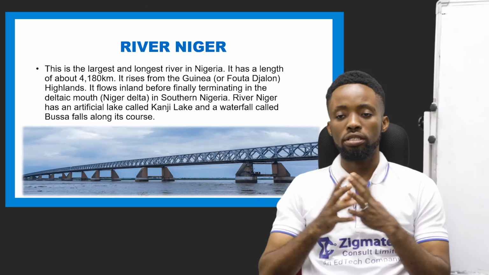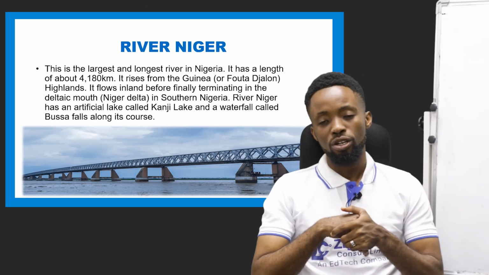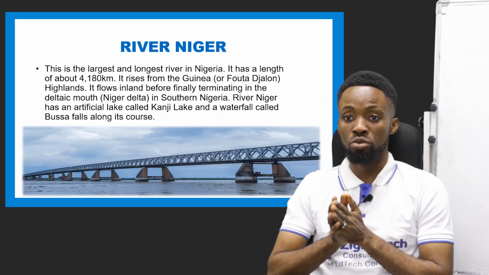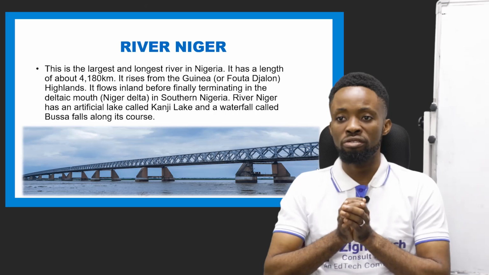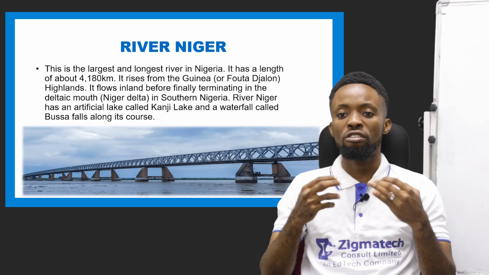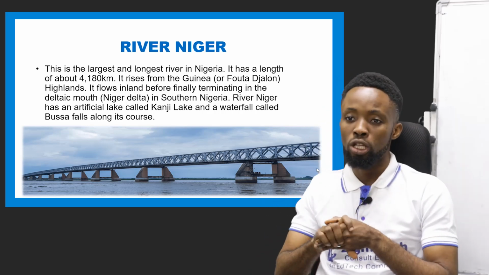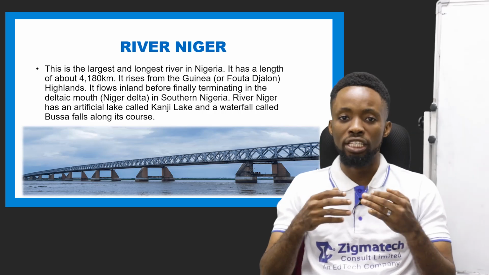Now, let's look at the two rivers we have in Nigeria, and these two rivers are actually the major rivers in Nigeria. So we start with the first, which is River Niger. River Niger is actually the largest river in Nigeria and also the longest river we have in Nigeria.